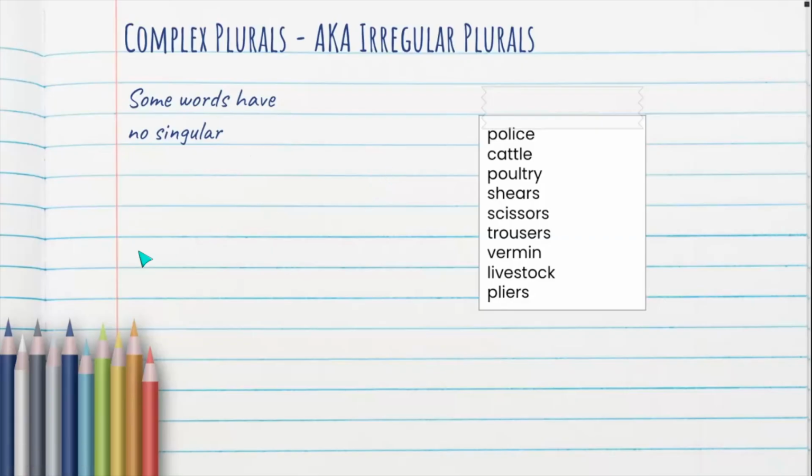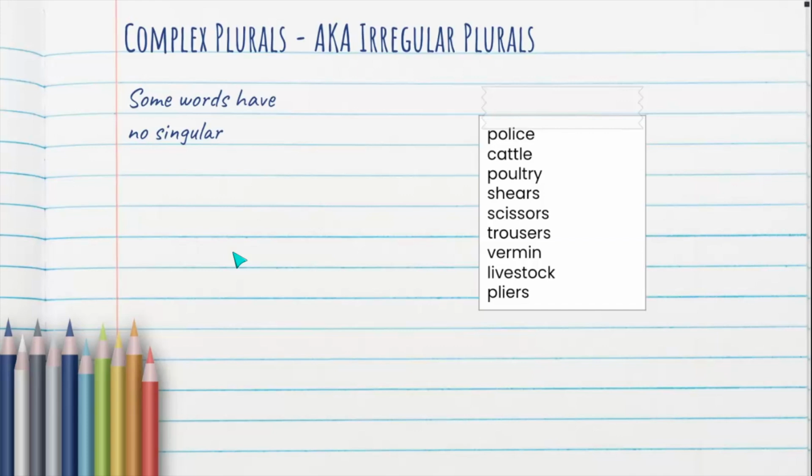Also, some words don't have a singular, which was kind of fun. So you will always have trousers. You will never have trouser. I saw someone the other day on the Twitter who's like, we know it's a pair of scissors. Can we just not anymore?